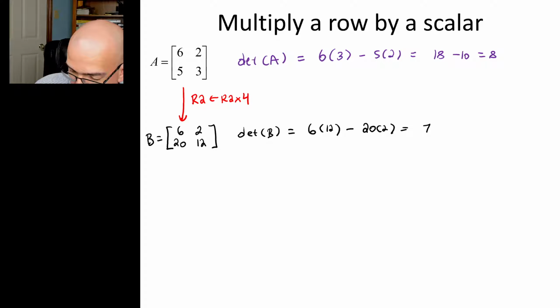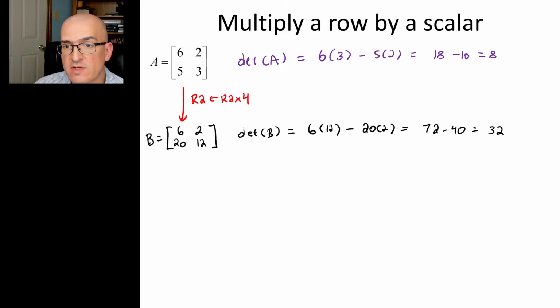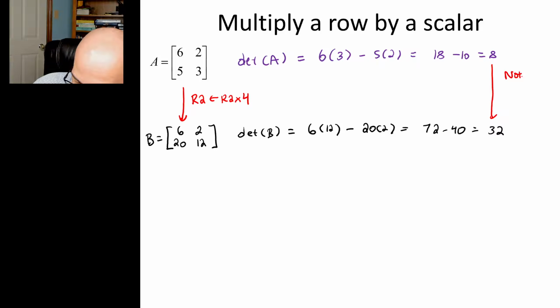So 6 times 12 is 72, minus 40, equals 32. Now what's the relationship between the original determinant and this? So we notice 8 times 4 is equal to 32.